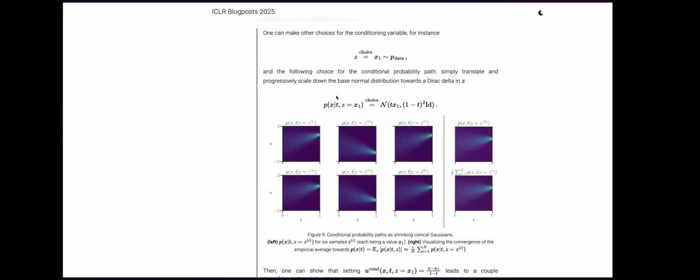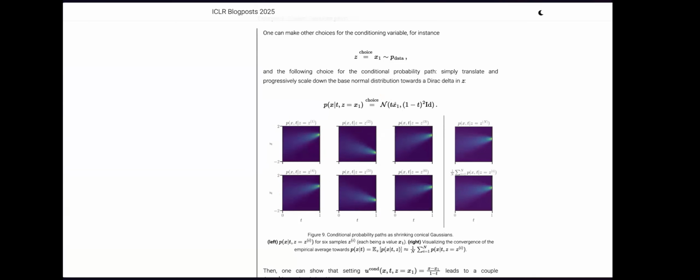But before doing that, this probability path makes sense, right? At time equal to 0, this is N of 0, 1, so it can be anything, mean 0 and standard deviation 1. So it's a very wide thing.